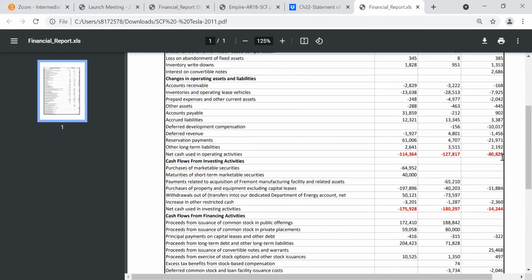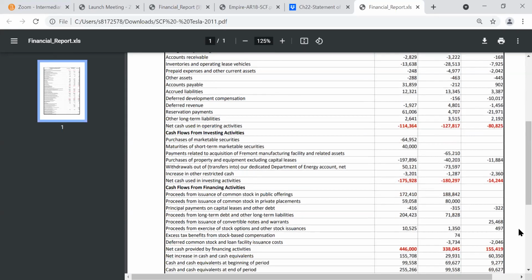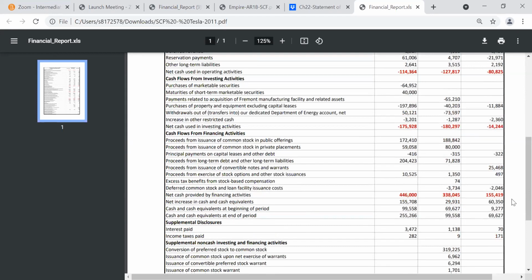Even though there's no cash from operating activity, they still have to invest. So financing activity provides the cash they need to sustain the operation and continue to invest in the company, right? It carries you longer, but eventually in Tesla's case, the share price did go up.